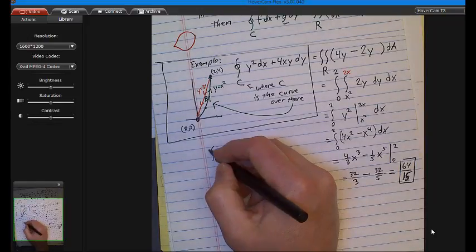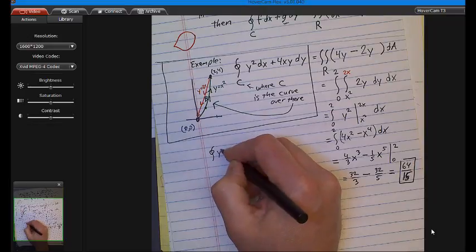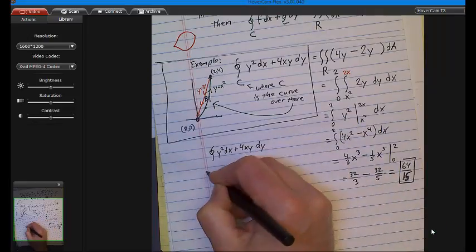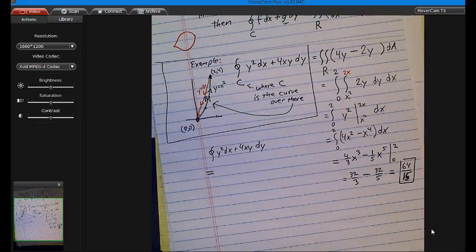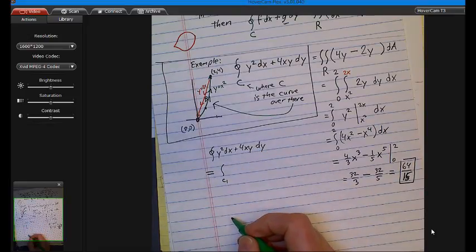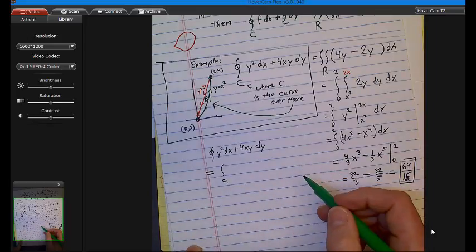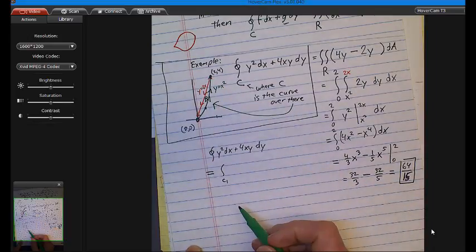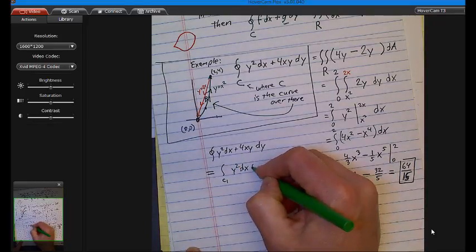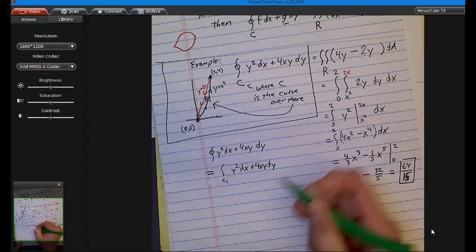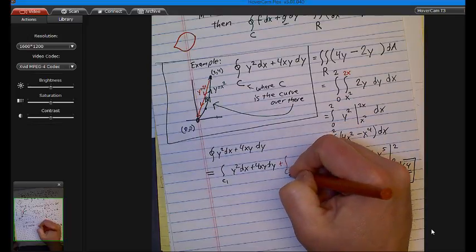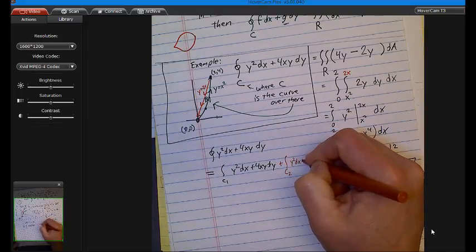The total curve, y squared dx plus 4xy dy, is equal to, well, you would move along curve number 1, which is the parabola, and we'll do y squared dx plus 4xy dy, and then plus curve number 2, y squared dx plus 4xy dy.